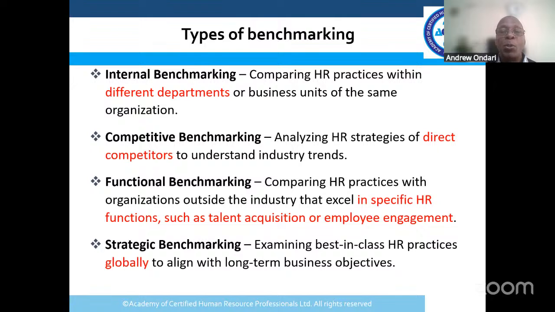That when we do a comparison and a rating of the performance of different departments, perhaps we can say maybe the marketing department is doing better than the finance department, or ICT is doing better than HR.